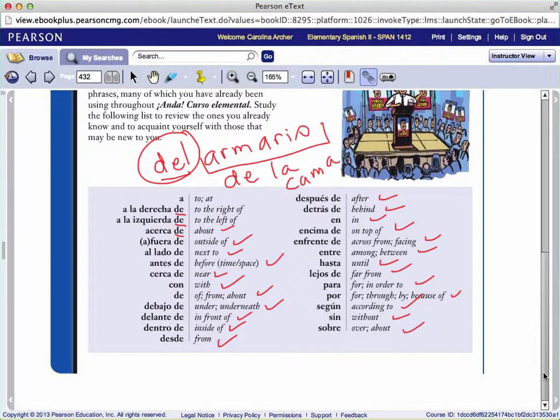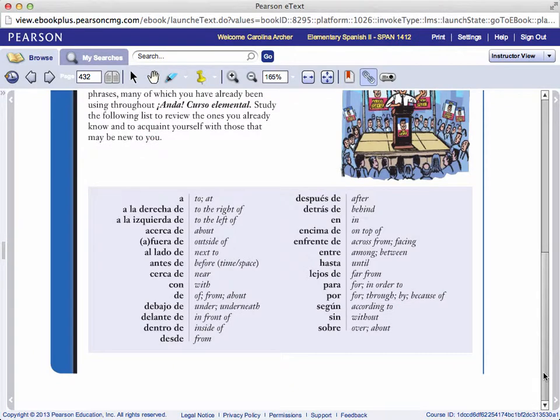Okay, so these are the prepositions that we use in Spanish. Bien, vamos a ir a la próxima.